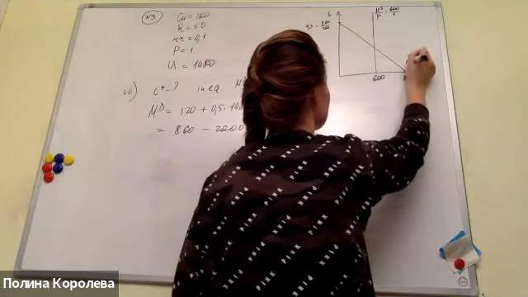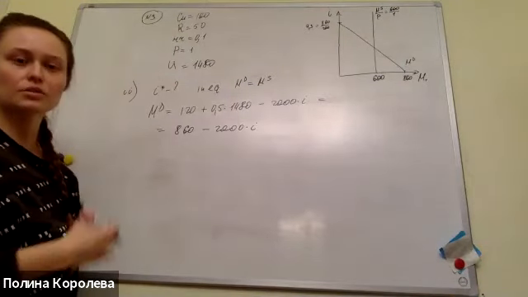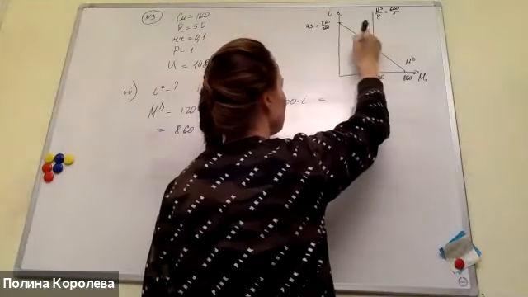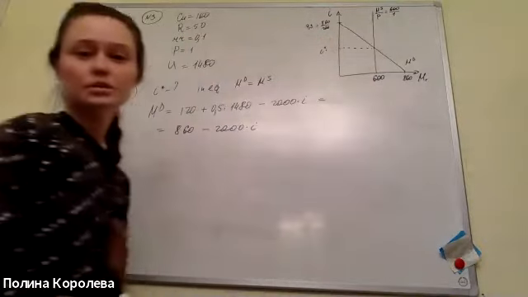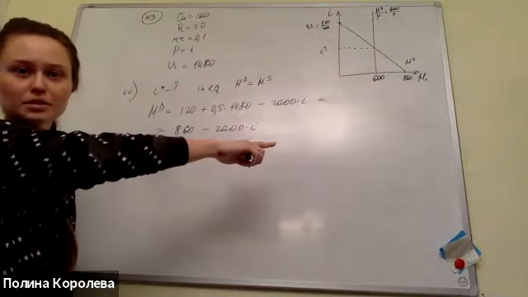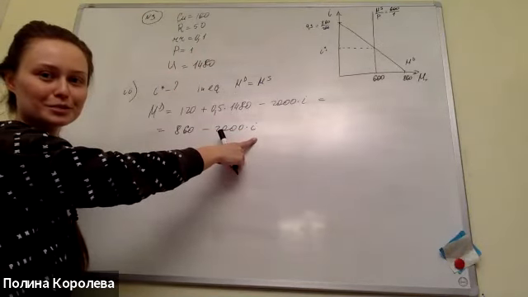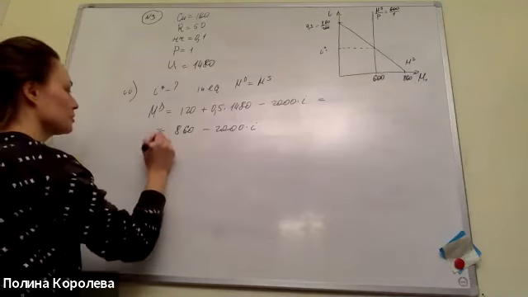This is money demand for this economy. And on the graph, when we cross demand and supply, we will have the equilibrium interest rate in the economy. Let's count it. Any questions on how I draw this line? Do you know how to draw lines with negative slope? I hope so.